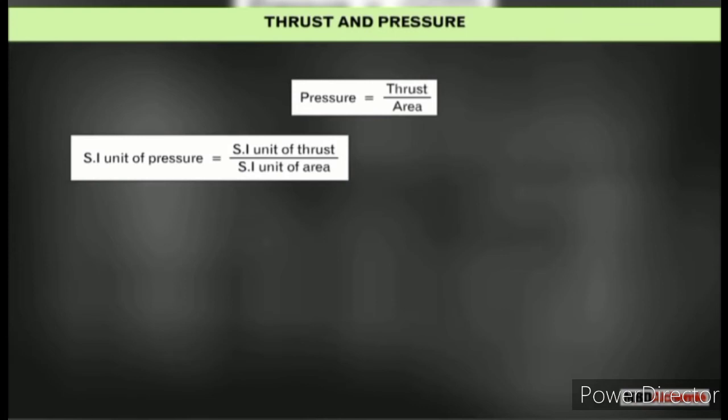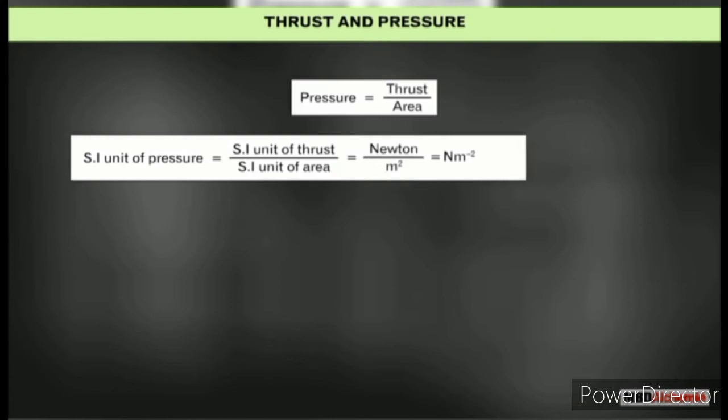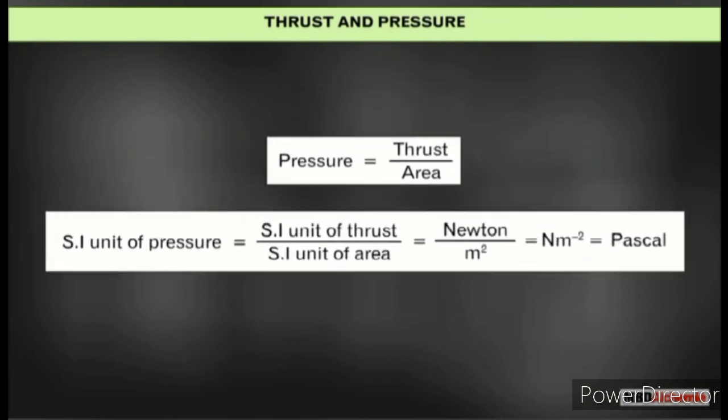The SI unit of pressure is equal to the SI unit of thrust upon the SI unit of area, which equals Newton per meter square. This is also denoted by Pascal. 1 Pascal is the pressure exerted by 1 Newton of thrust on 1 square meter of area.